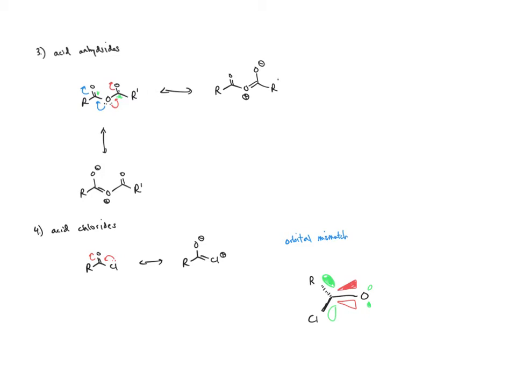And in order to get resonance, we have to overlap the atomic p orbital on chlorine. And what you'll notice here is I've drawn a really, really big atomic p orbital for chlorine. Now, chlorine has lone pairs that are capable of delocalizing towards the carbonyl carbon, but because chlorine is in the second row, it is bigger and has poorer overlap with the carbonyl carbon. Okay, it has less resonance with the pi system.